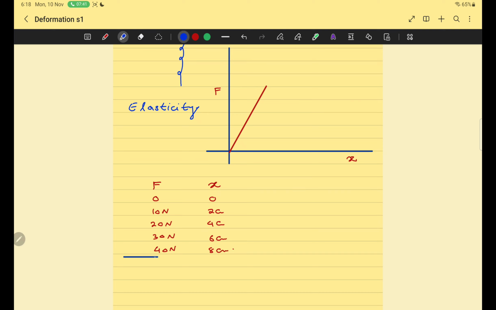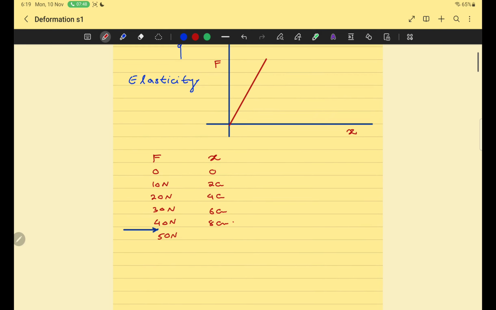And after this value, I am expecting, when applied force increases to 50 Newton, then the extension should be 10 centimeter. But practically, now the length increases at a greater rate. If I apply force 60 Newton, I am expecting extension should be 12 centimeter, but consider the extension is 12.7 centimeter. It means up to this force, the spring or the object is obeying Hooke's law.